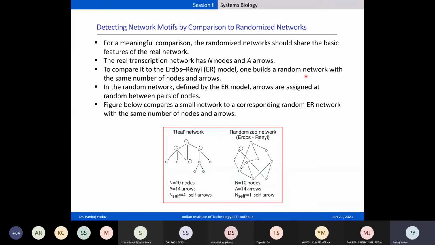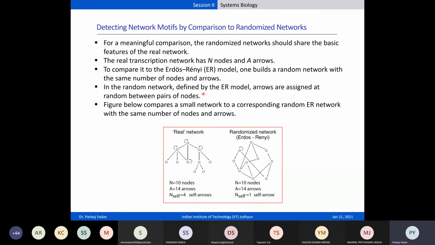One needs to build a random network with the same number of nodes and arrows. So we need to make an equivalent random network to our real network, with the same number of nodes and the same number of arrows.